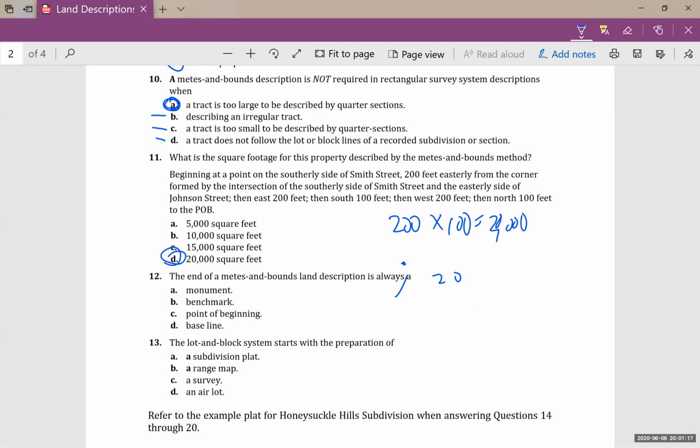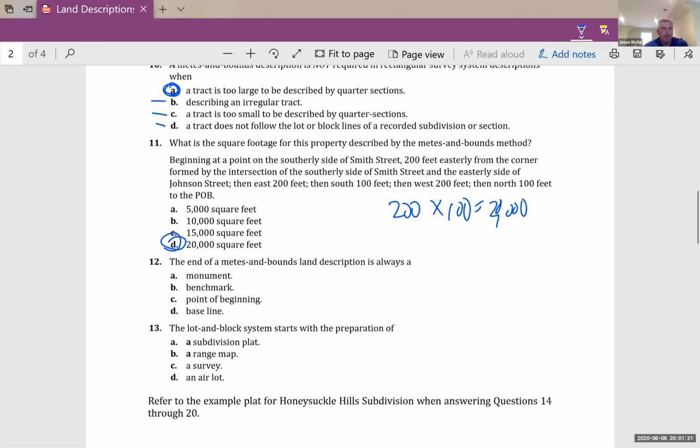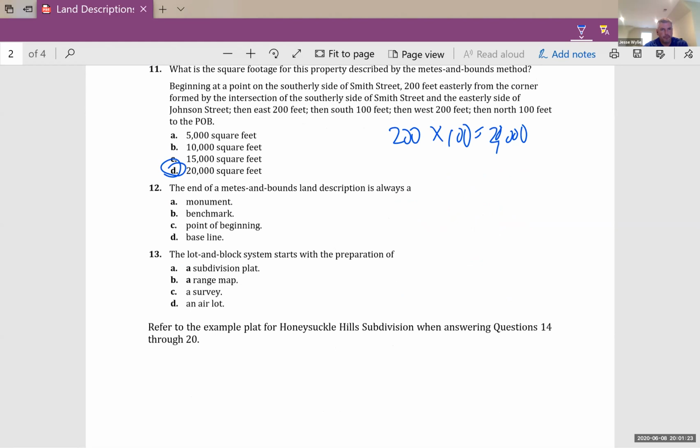Number 12, what do you like? POB? Number 12, POB, also the same as POE. Number 13, A? Hey, you got it.